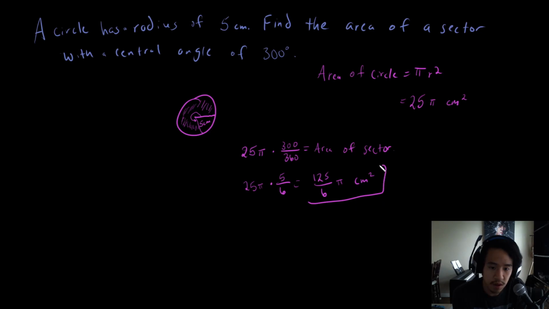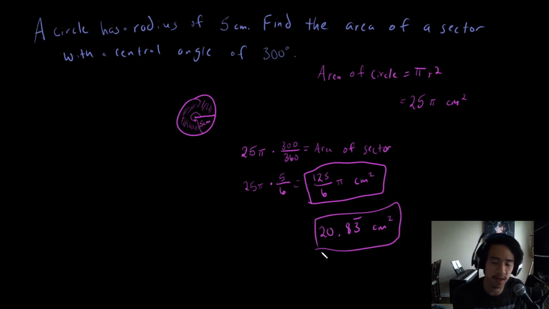And you can't reduce this, so we're just going to leave this in fraction form. If you were to put this into your calculator, you would get around 20.83 repeating centimeters squared. So both of these would be acceptable. And that's it for solving for the area of a sector.